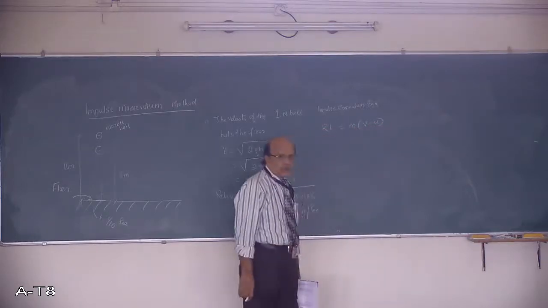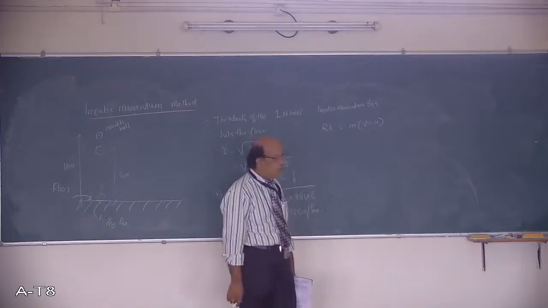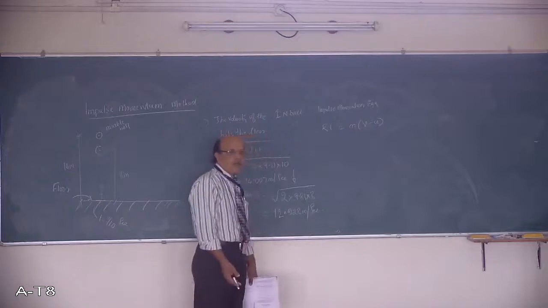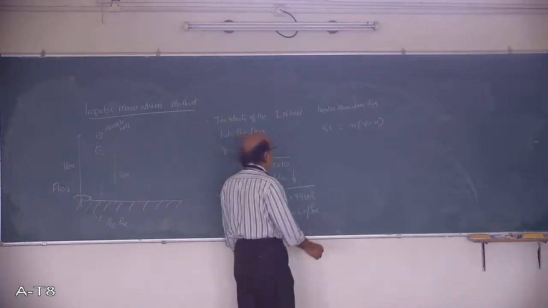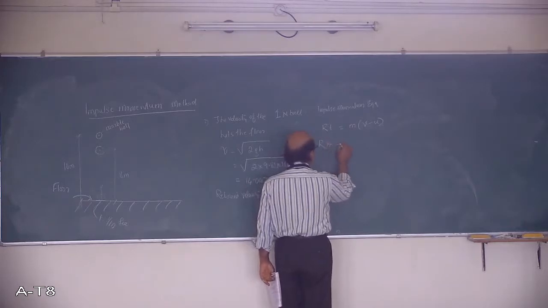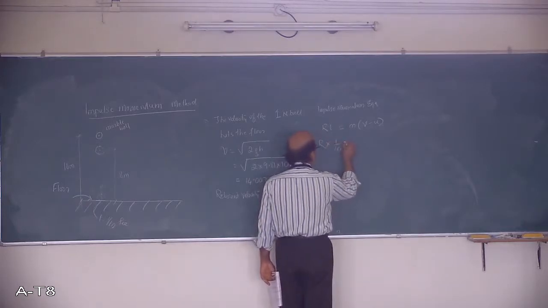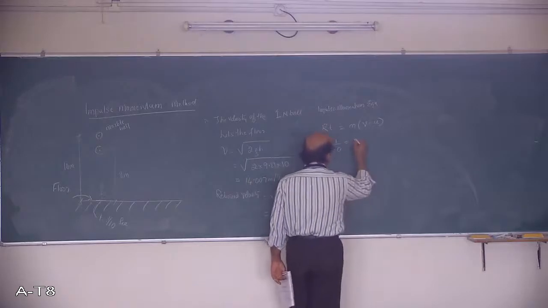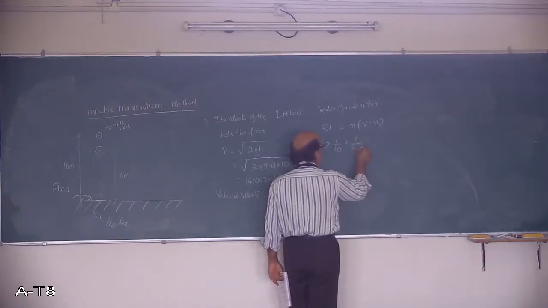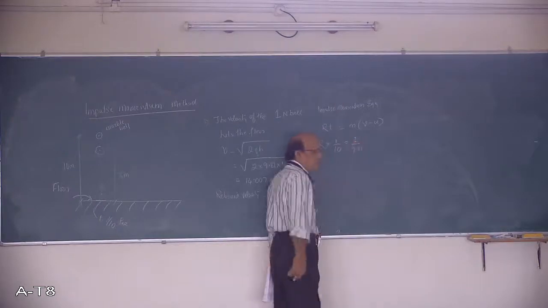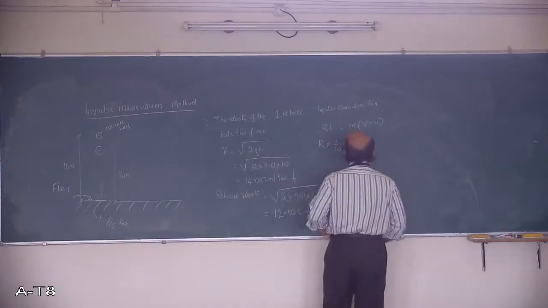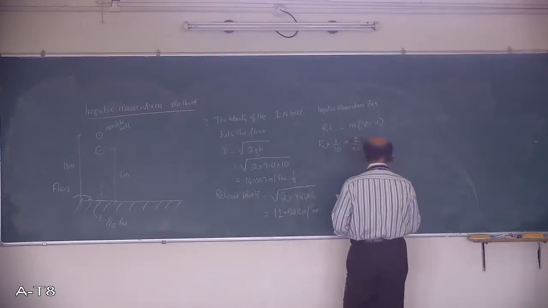Now what values do we take? R is the force, you can call it the resultant force or F, whatever you want. P I know, R I don't know. P is 1/10 of a second, and mass is the weight divided by g, W by 9.81. The weight I want, the mass I want.